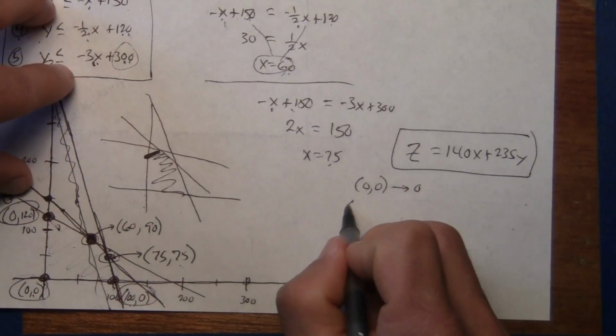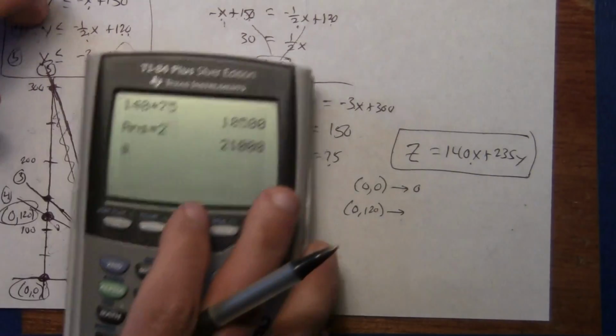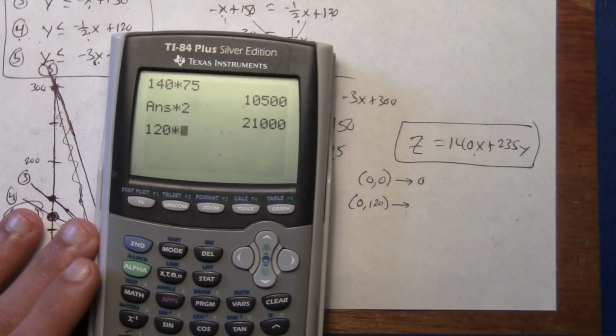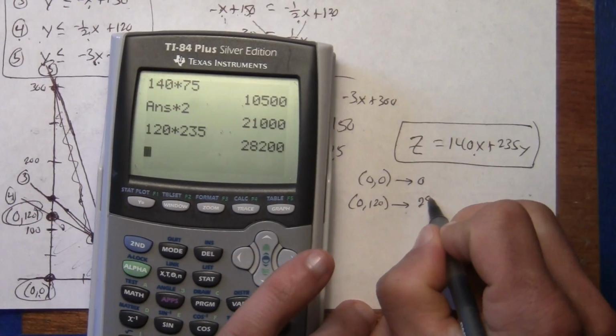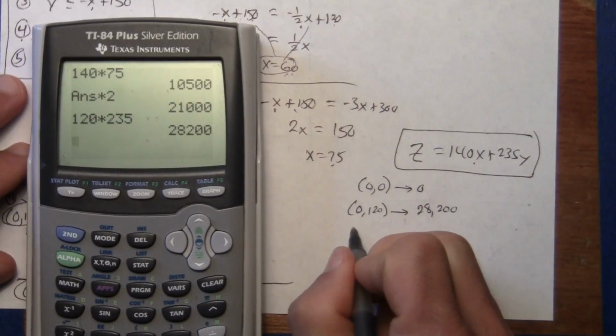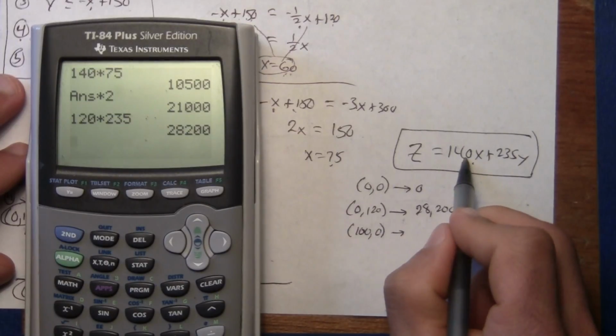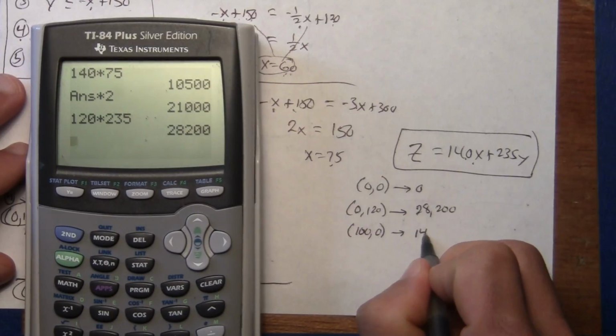So if I plug 0, 0 in there, I'm going to end up with 0. If I take 0, 120, plug 0 in for x, take 120 times 235, that gives me 28,200. If I plug 100, 0 in, just multiplying that by 100, so tack 2 zeros onto it, would be 14,000.